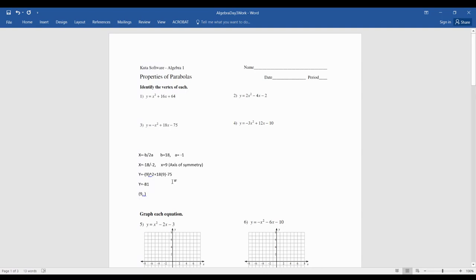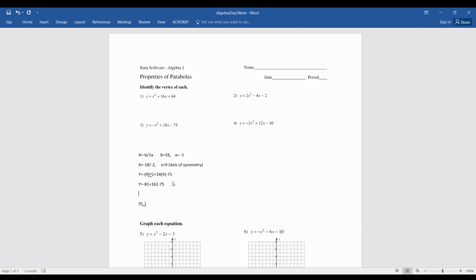18 times 9 will give us 162 minus 75. So I've got 2 negative terms and 1 positive term. I'm going to go ahead and combine my like terms here. I'll keep the 162 that's positive in the front. If I combine my like terms of negative 81 and negative 75, that's going to give me minus 156.